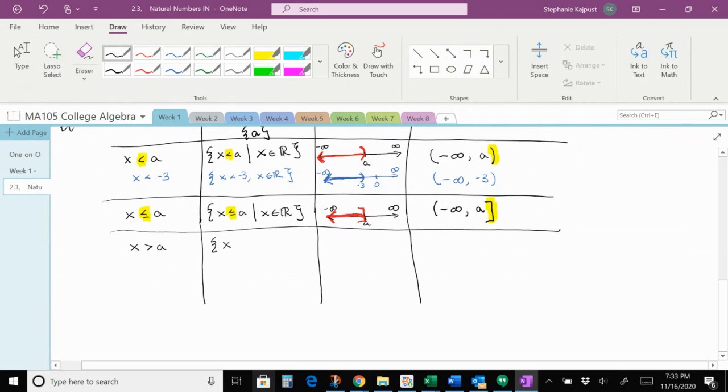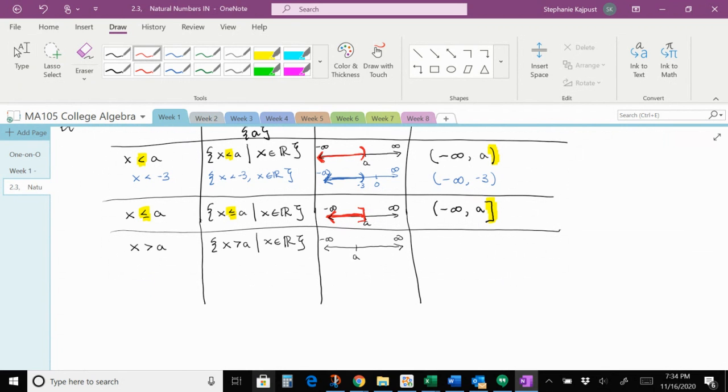So the set builder notation looks almost exactly the same. Again, the only thing that really changes is that it's greater than now. When you have your number line, I'm still going to have a on my number line.